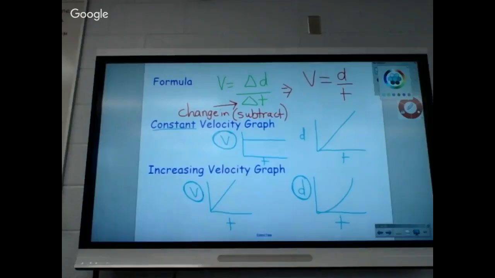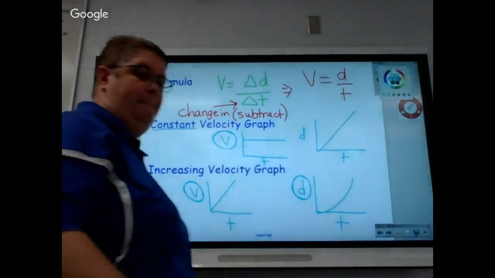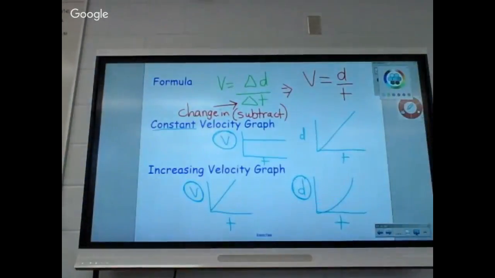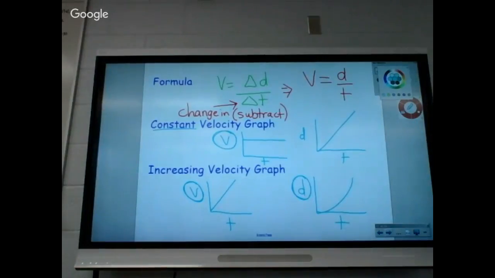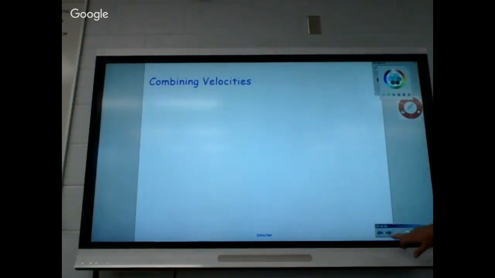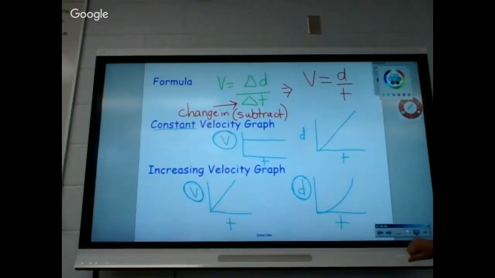All right. Now, questions. I don't want to spend a lot of time with the math today because we've already spent time with the math. And with the exception of one thing, I can do it on Monday. This. The rule for combining velocities. Somebody write that down in your notes for me.